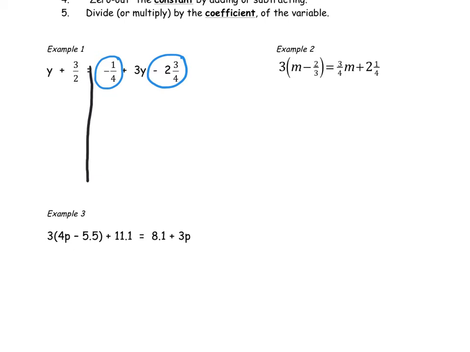That is the way the calculator will enter negative 1/4. Then we're going to add, or you could put minus, either minus 2 3/4 or adding a negative 2 3/4. I'm going to choose minus, and for 2 3/4 I have to enter 2, ABC, and then 3, ABC, 4.